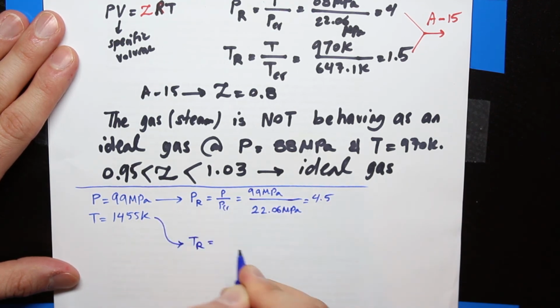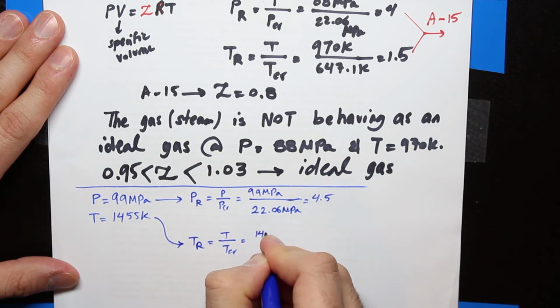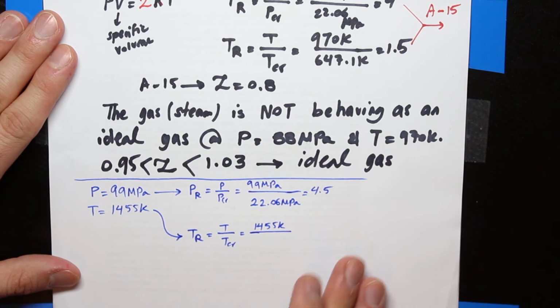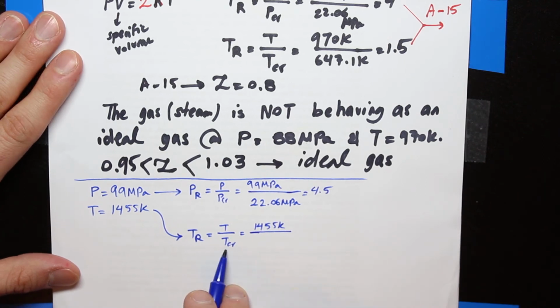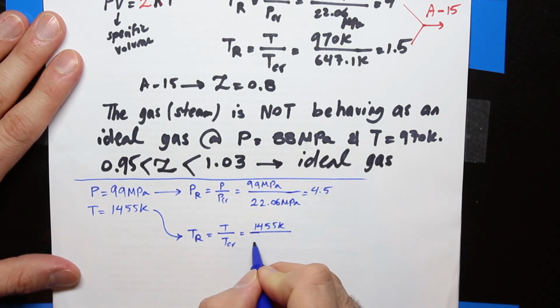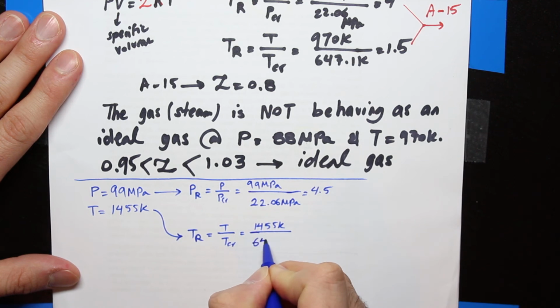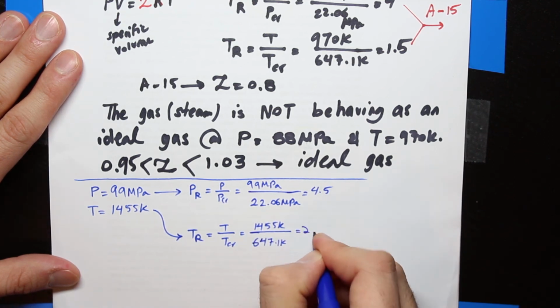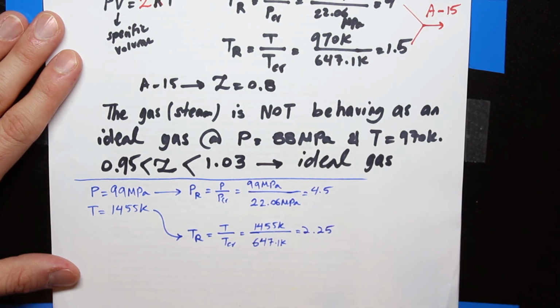And my reduced temperature is the temperature over the critical temperature, which is 1455 Kelvin over the critical temperature of steam or water from table A1, 647.1 Kelvin, and that gives me a reduced temperature of 2.25.